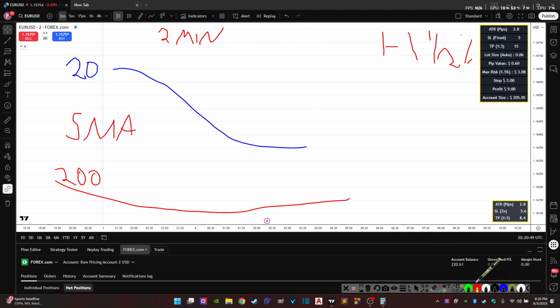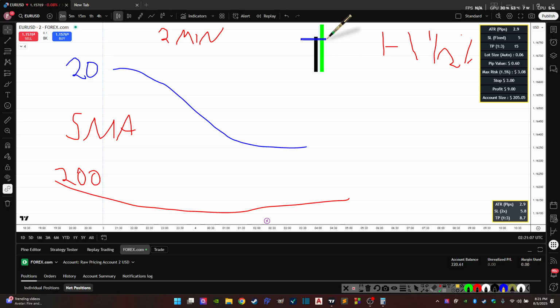and we're only looking for these candles that cross off of each other. So this would be a long entry.